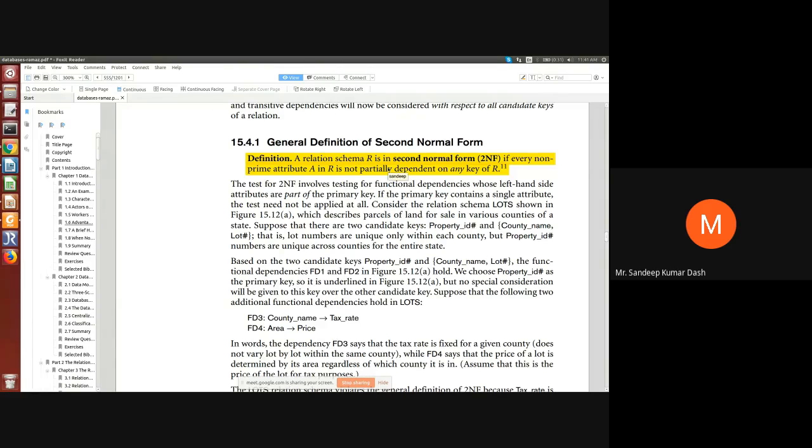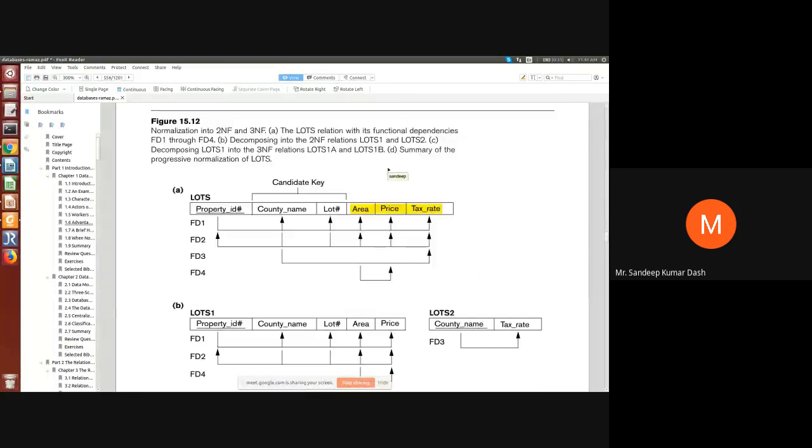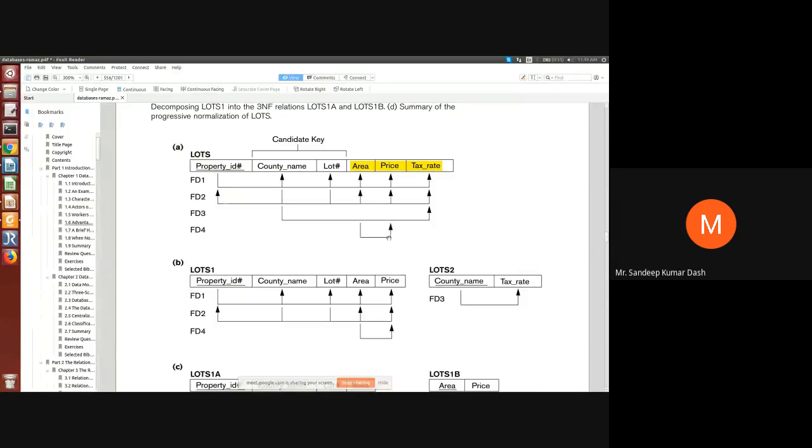Okay, so this one is the case where a non-prime attribute is dependent on a non-prime attribute. According to 2NF, this is fine, no problem, because 2NF is silent on this. 2NF only says that if a non-prime attribute is dependent on prime attributes, then they should be full functional. Like this one is a prime attribute. These are all fully functional dependent.